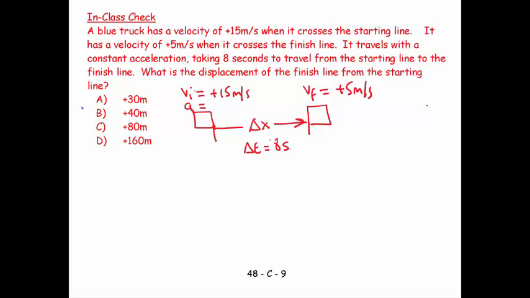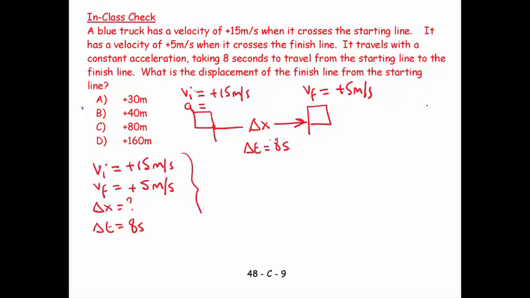Let's make a list. VI is equal to plus 15 meters per second. VF is equal to plus 5 meters per second. Delta X is what I want, and delta T is 8 seconds.